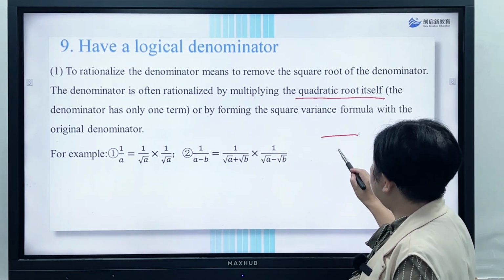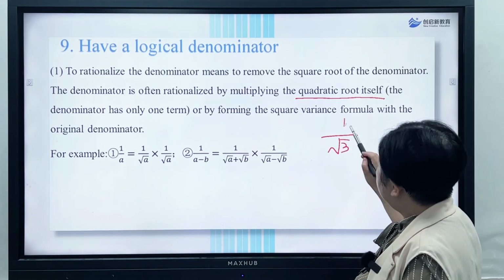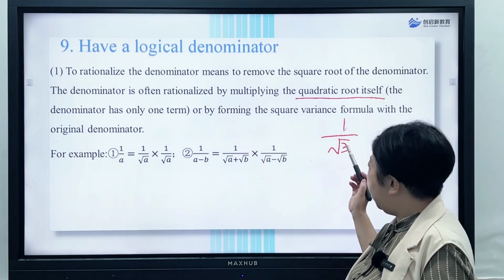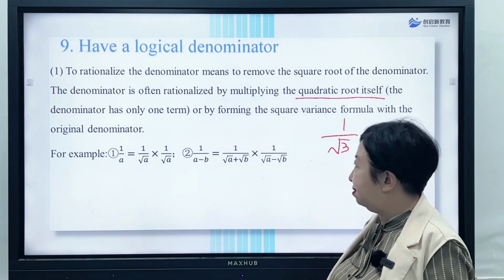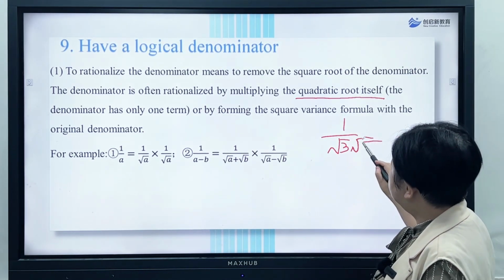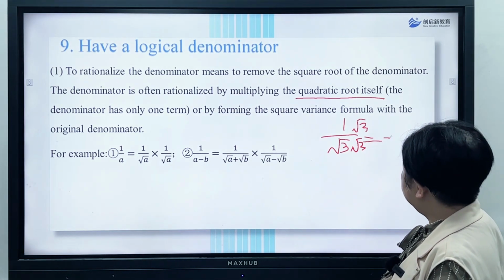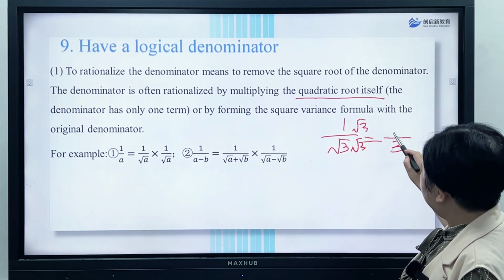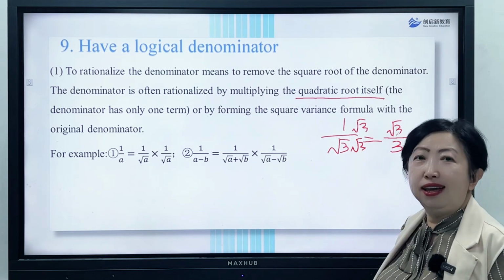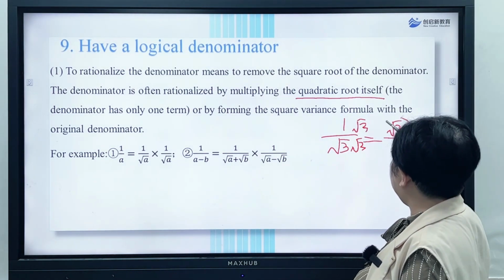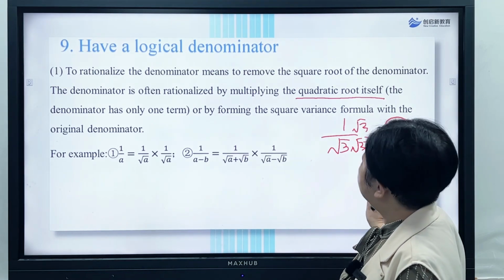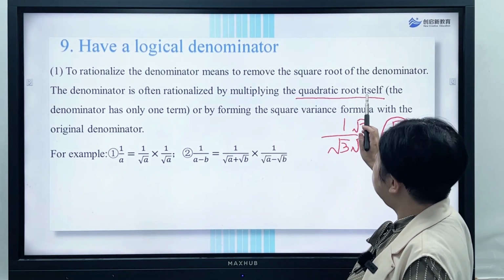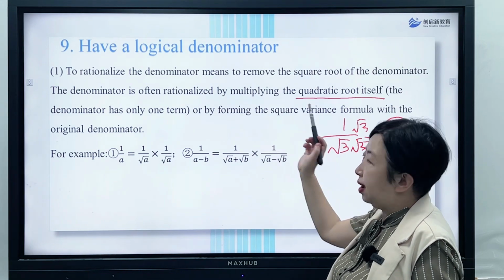For example, 1 divided by the root of 3, we can multiply by the root of 3 on top and bottom, and the denominator becomes 3, so the answer is root of 3 over 3. We call it multiplying the quadratic radical by itself.